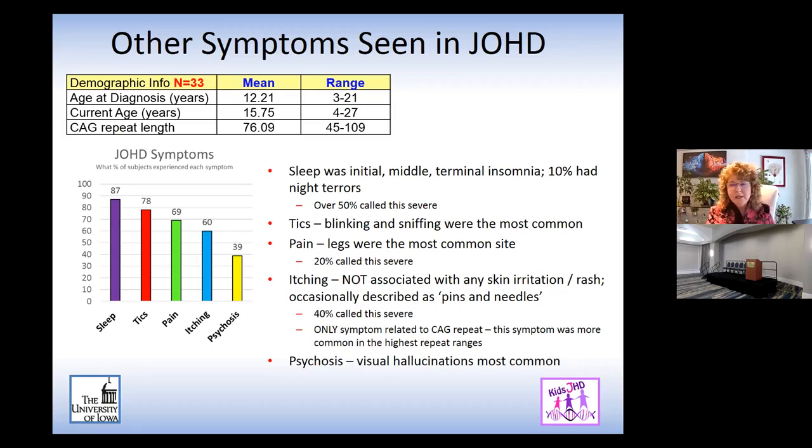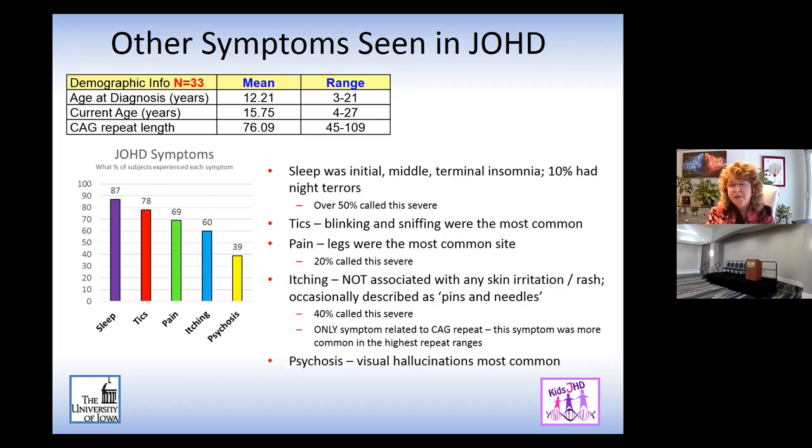What you can see on this graph, the y-axis, the vertical axis, is the percentage of patients who had that symptom. You can see that 87% of caregivers of JoHD patients said, my child has problems with sleep.